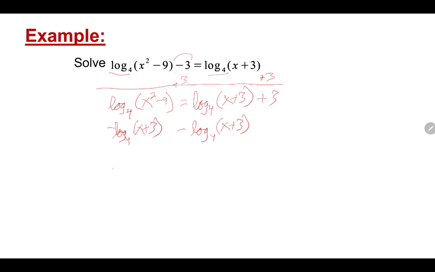So now I have log base 4 of x squared minus 9 minus log base 4 of x plus 3 equal to 3.